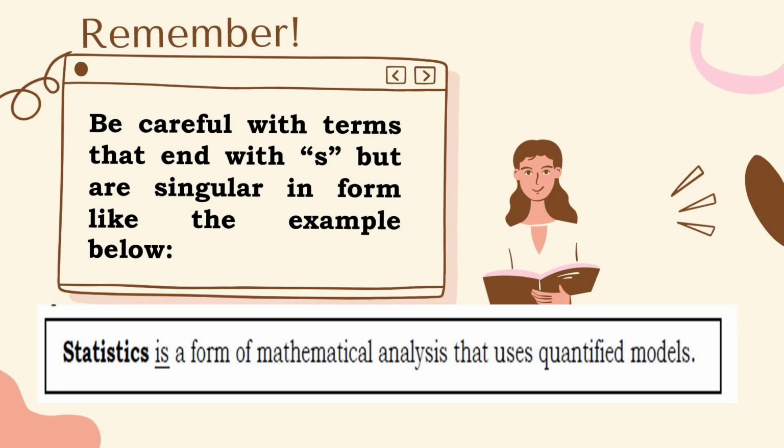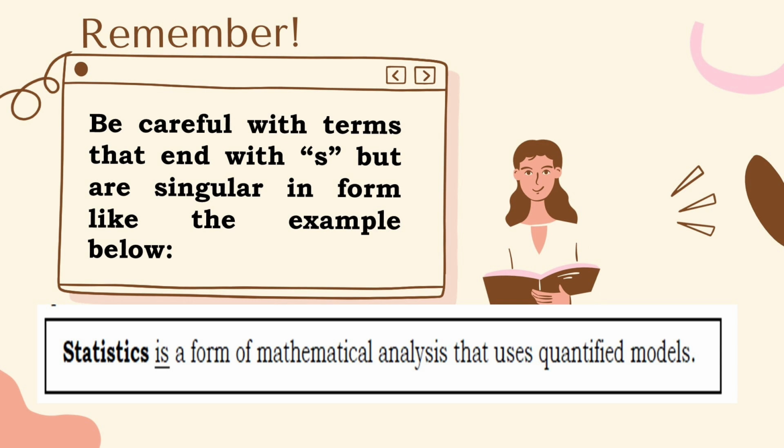And there are things to remember. First, be careful with terms that end with s but are singular in form, like the example below, because not all subjects that end with s are plural. There are terms that end with s but are still singular, just like our example, statistics.